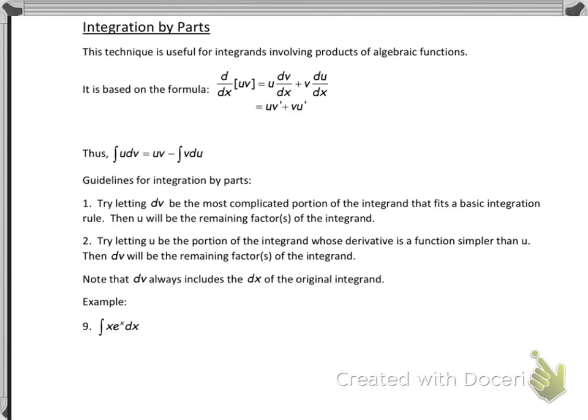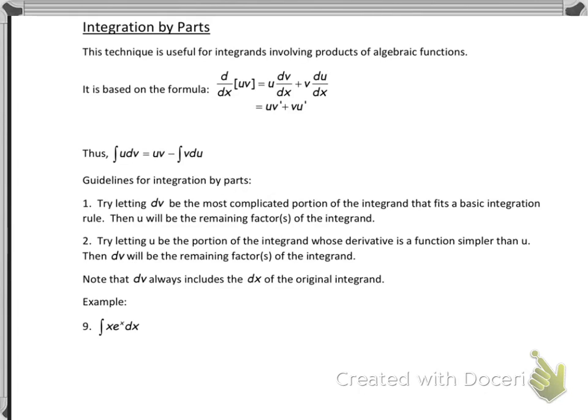Okay? So we know that in order to get an integration of a product, we're going to have to play around a little bit, and there is going to be a substitution, and it's going to involve u, but it's not exactly a u substitution, it's an integration by parts.